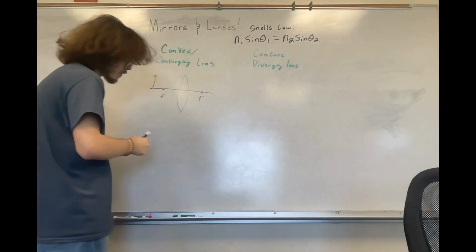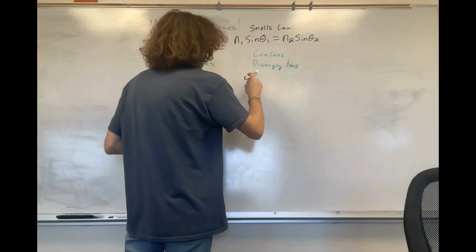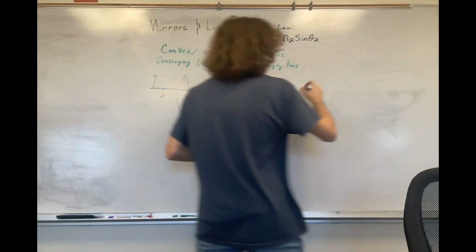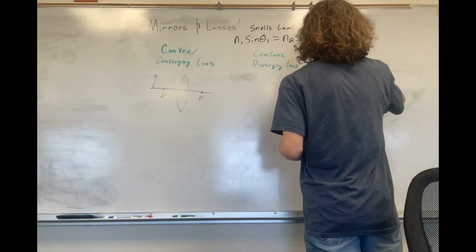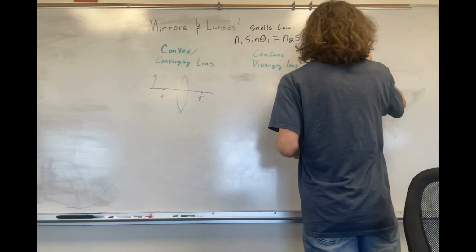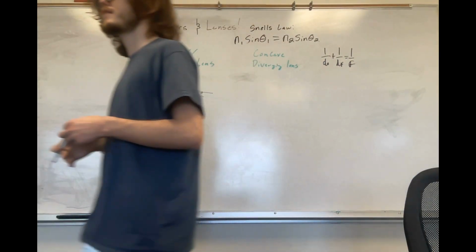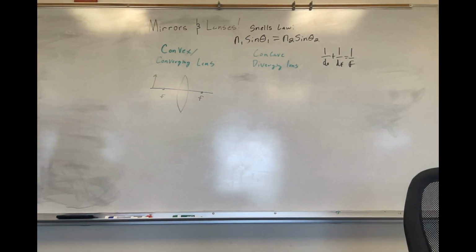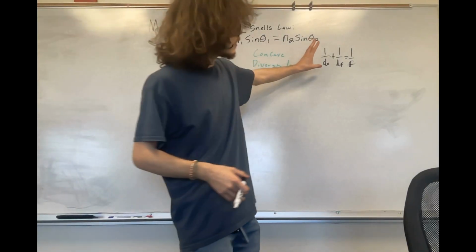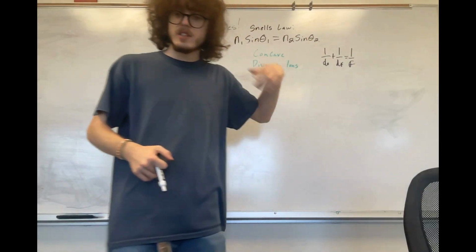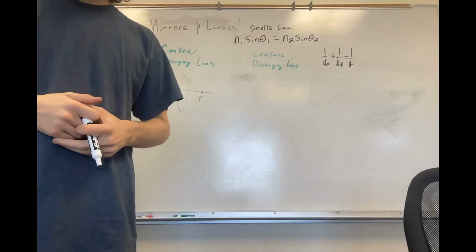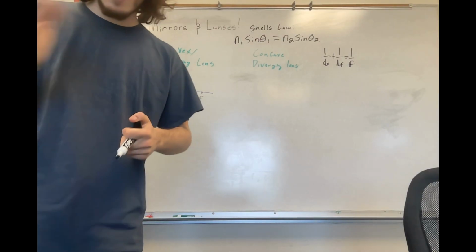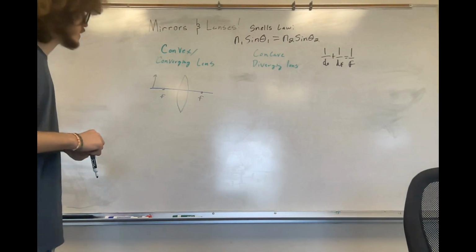So one more thing I want to point out before we continue is that 1/d0 plus 1/df equals 1/f. That formula still applies here, okay? So please know that this works, it exists. All your formulas work, your magnification, your height, your focal distance equals 2r, all exist. You even have focal points.